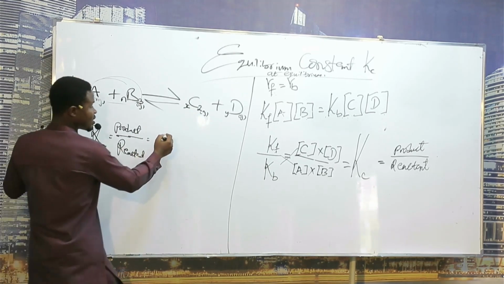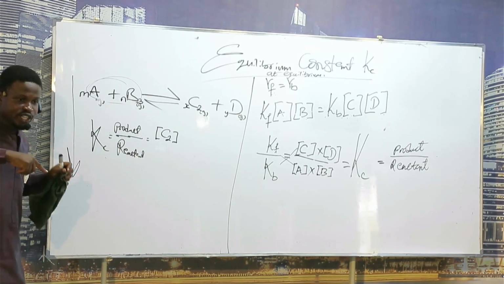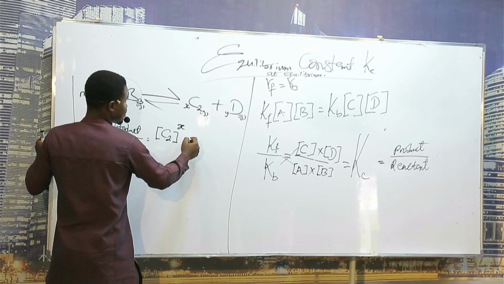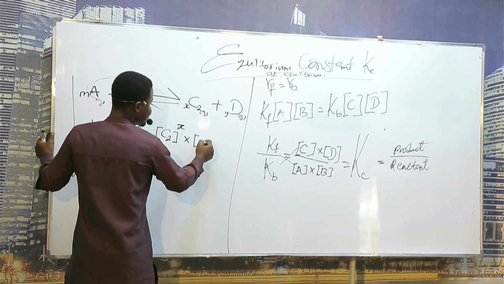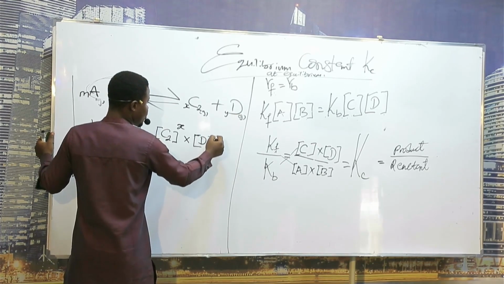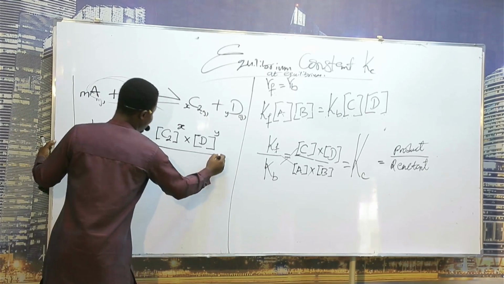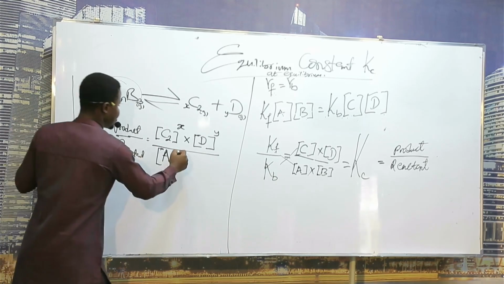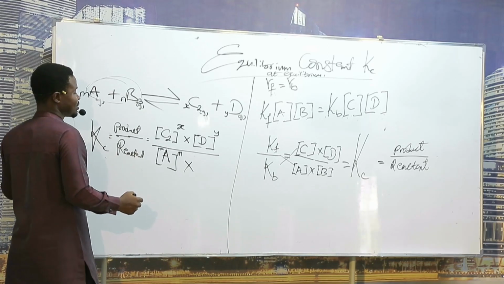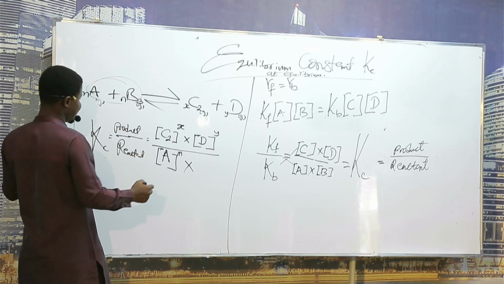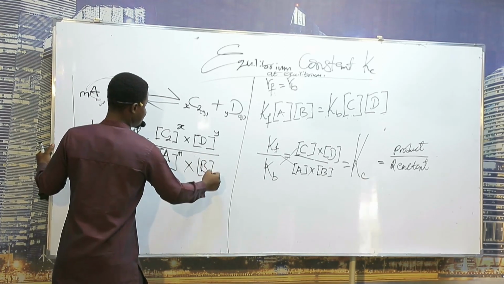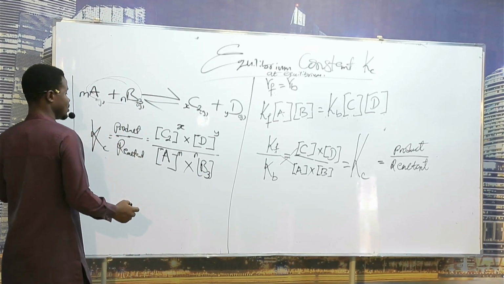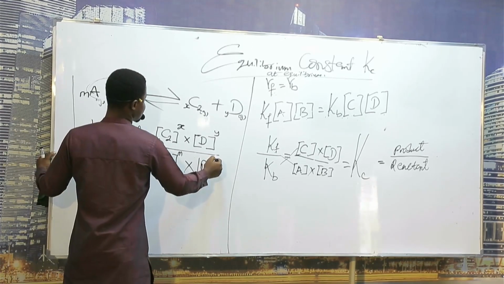C and D. So this is C raised to the stoichiometric coefficient, which is X, times D raised to power Y, over the reactant: A raised to power M times B3 raised to power N. Is it B raised to power 3? It is B3 raised to power N.